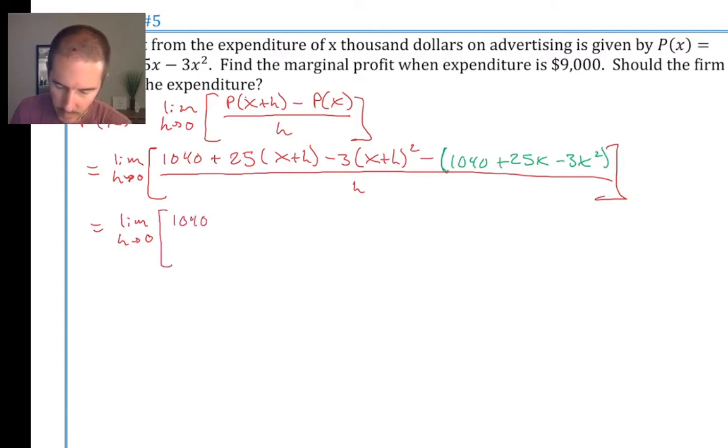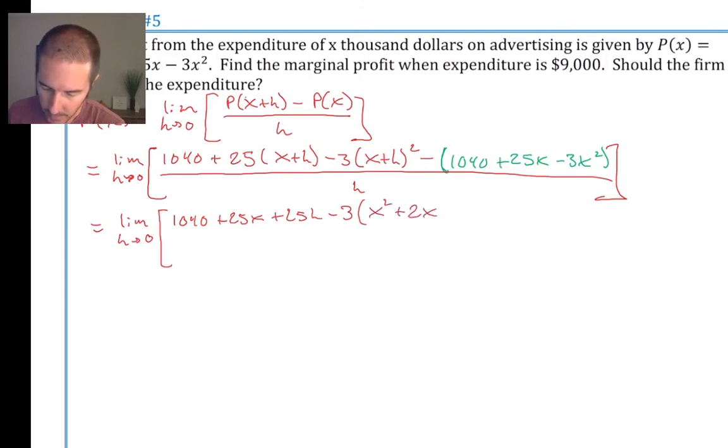Keeping the 1040 plus 25x plus 25h, so I'm distributing, minus 3 times, if we FOIL this and combine like terms, we get x squared plus 2xh plus h squared. That's the result of doing x plus h times x plus h, FOILing and combining like terms.